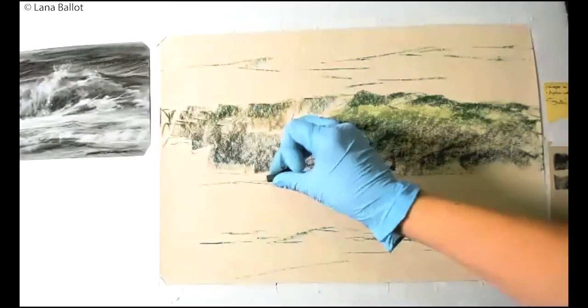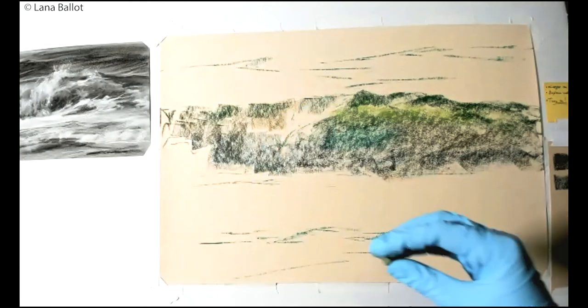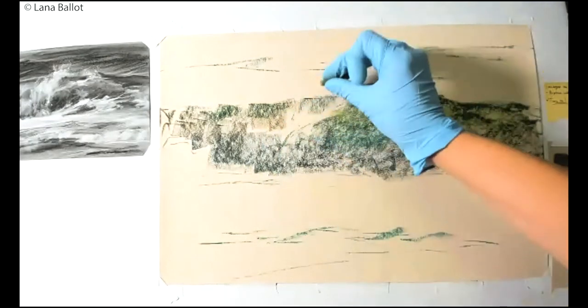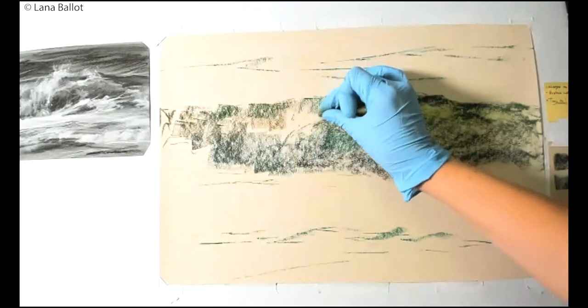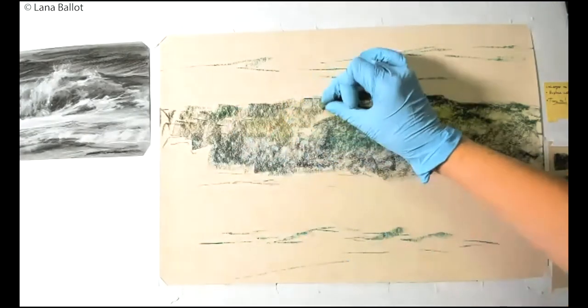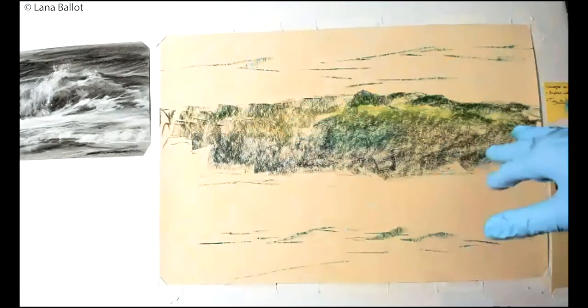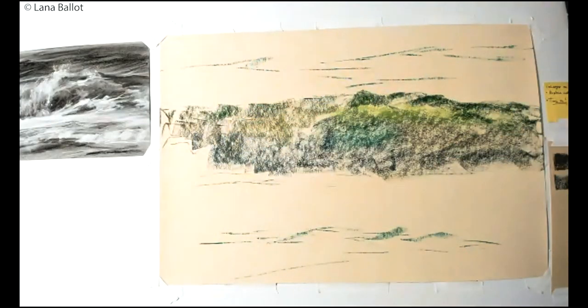And here it gets a little lighter. Again, lights I could bring later, easy, just with dry pastels. I don't need to have a wash for that, but that's okay.